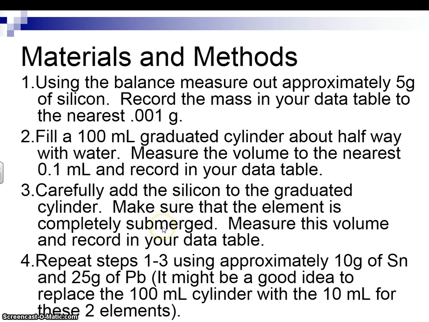Make sure when you're writing your procedure that you specify which size of cylinder you should use for each type of metal. Now, when you're writing your procedure, it is perfectly okay, like in our example here, for you to go ahead and use repeating the steps over again for 10 grams of tin and 25 grams of lead. That way you don't have to rewrite the procedure over and over and waste a bunch of time.